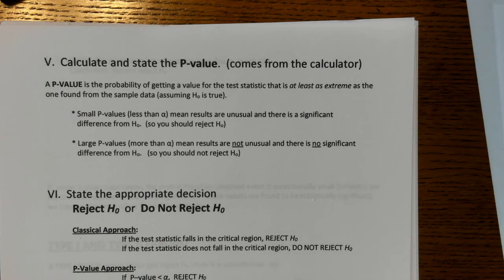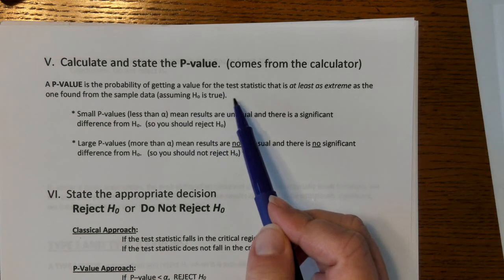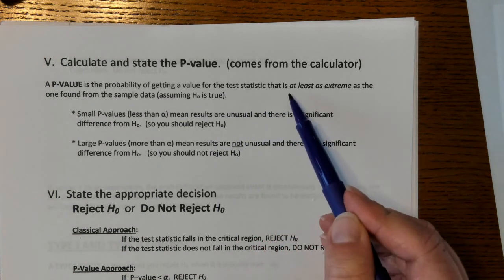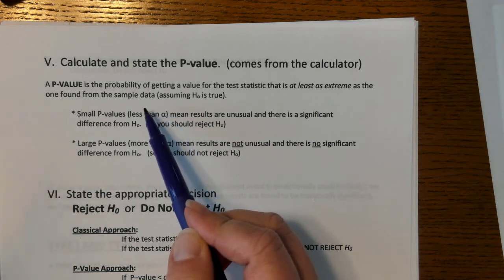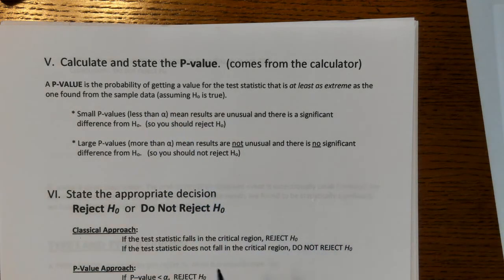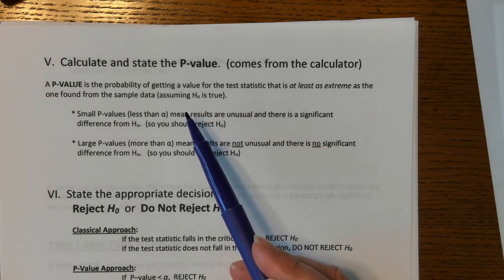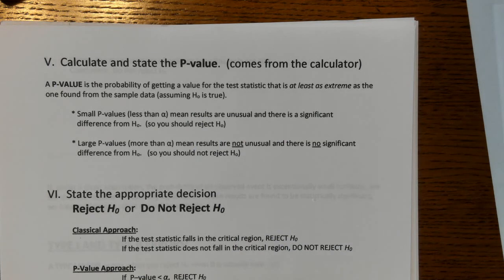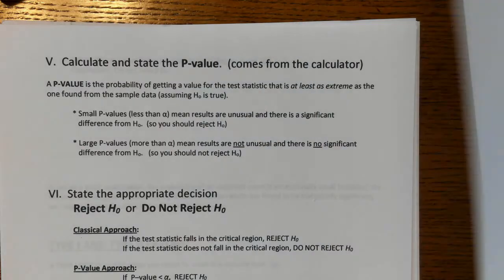okay? A p-value is the probability of getting a value of your test statistic that is at least as extreme as the one that you got from your sample data, okay? In other words, if we assume that the null hypothesis is true, what's the probability that a random sample would give us a test statistic out in whatever region it's in, okay?